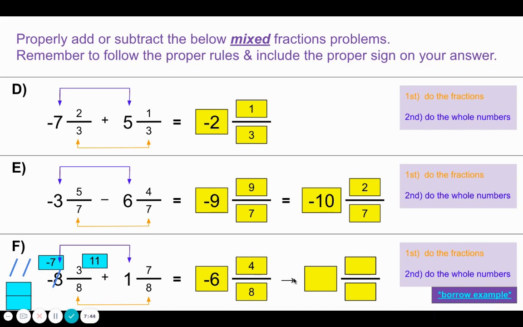All right, it's not always going to be there, but for the ones that I'm giving you guys on Google Classroom, yes, trying to help you guys out. So the negative 6 is going to stay the same, but the 4/8 simplifies because you can divide both by 4. Divide that by 4 gives you a 1. Divide that by 4 gives you a 2. And like I said, the whole number stays the same.